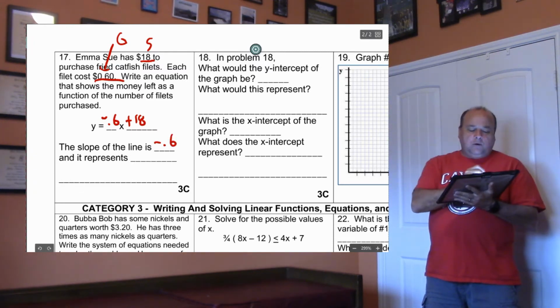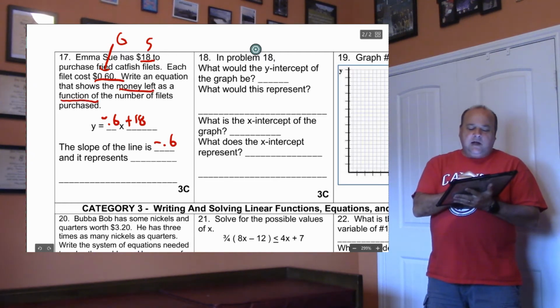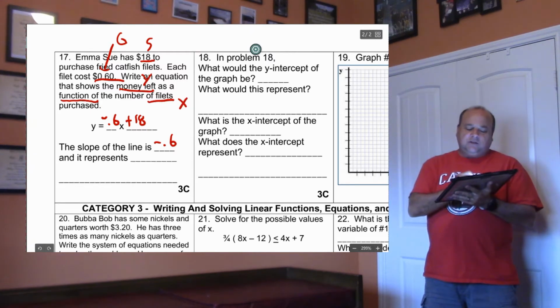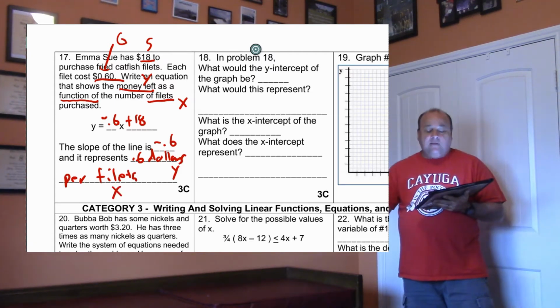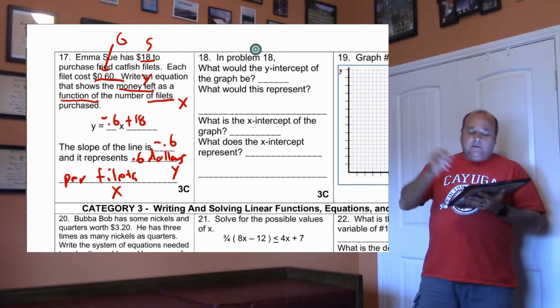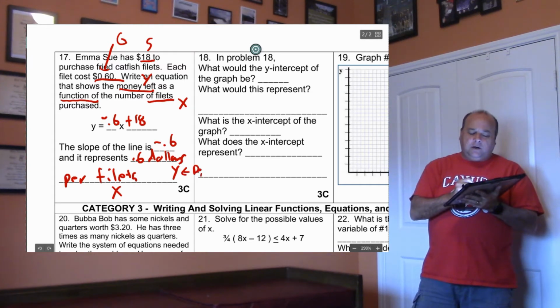This is important right here. Underline: function of money left as the number of fillets. This is your y, this is your x. So it's 0.6 dollars per fillet. This will be my y-axis label, and that will be my x-axis label. This is also the dependent variable, and this is the independent variable.